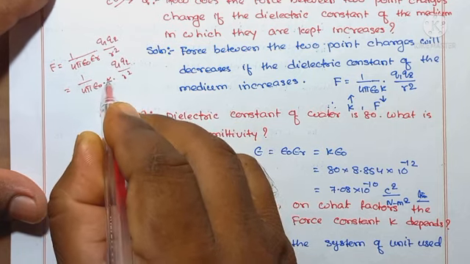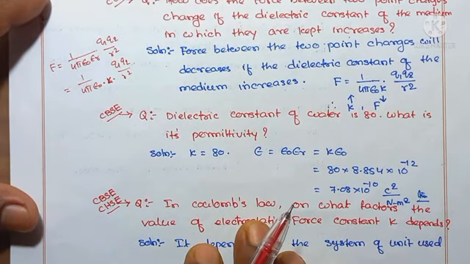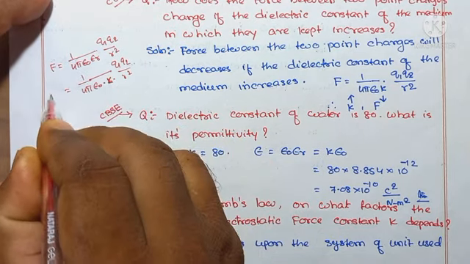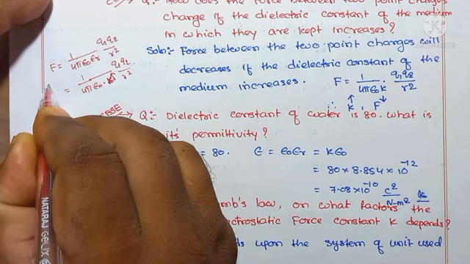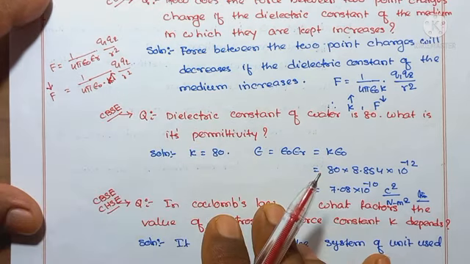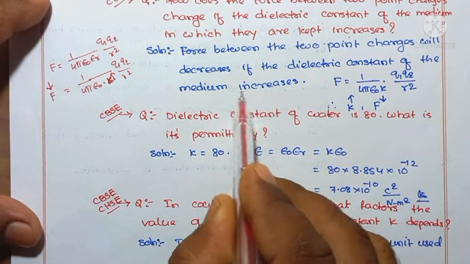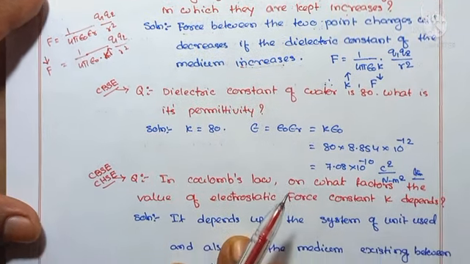Now this k is called the dielectric constant of the medium. So if this k increases, then automatically this force will decrease. So when the dielectric constant of the medium increases, the force decreases.